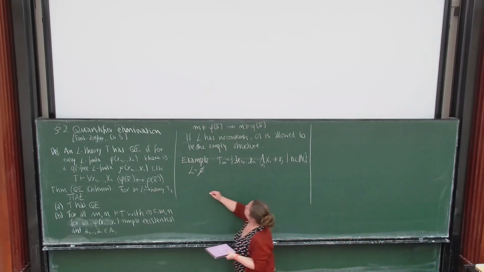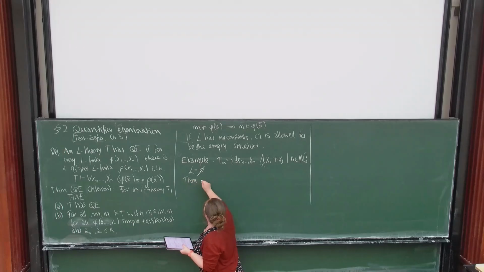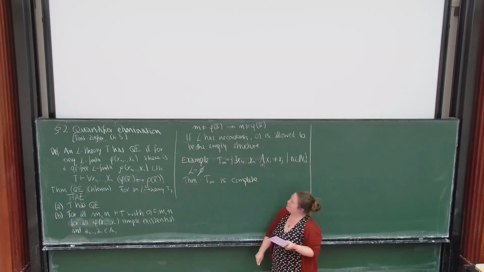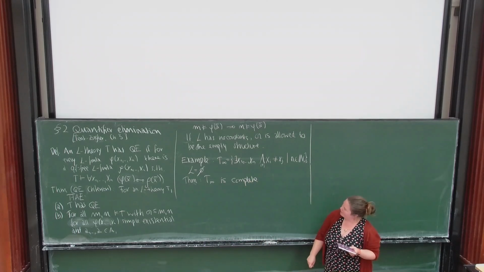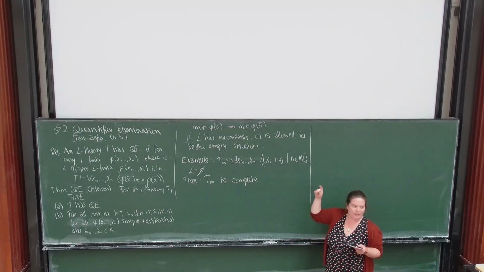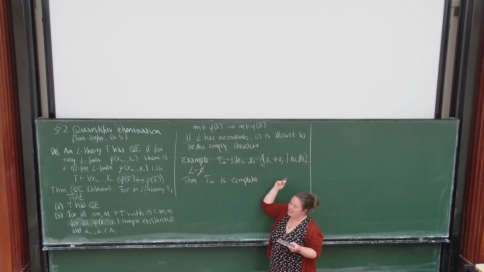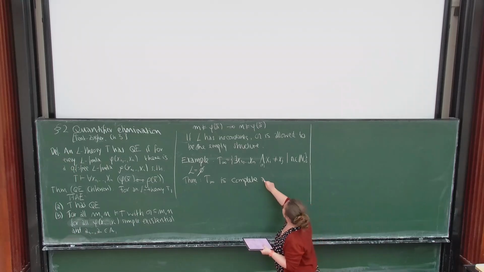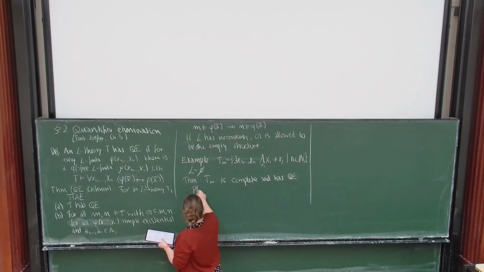Okay, so now I want to prove the theorem: T infinity is complete. Complete, you remember, means it's a consistent theory such that it entails every sentence or its negation. So it's complete and has QE. It's obviously consistent.